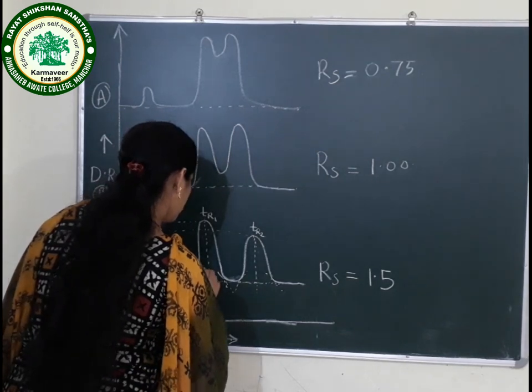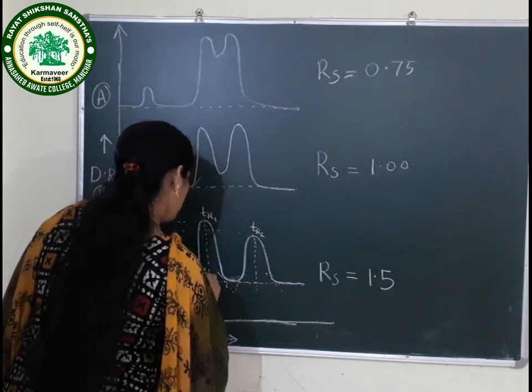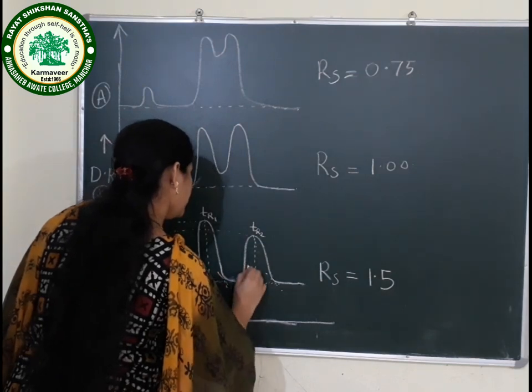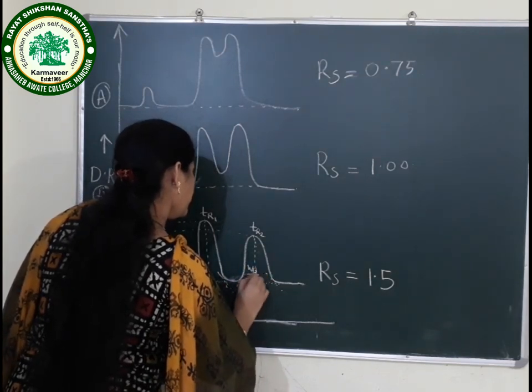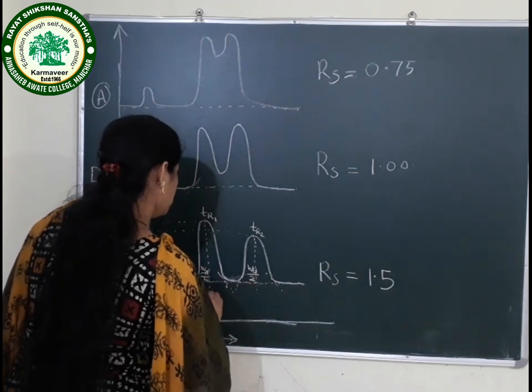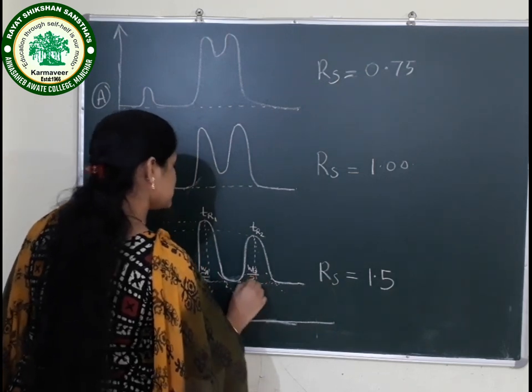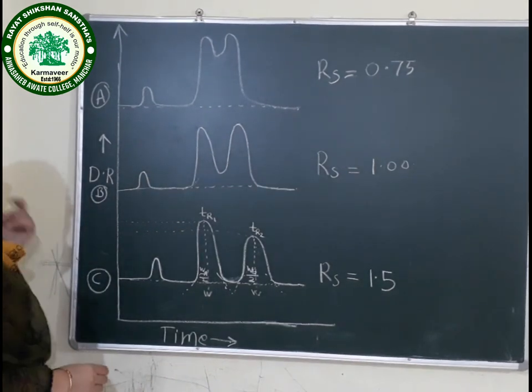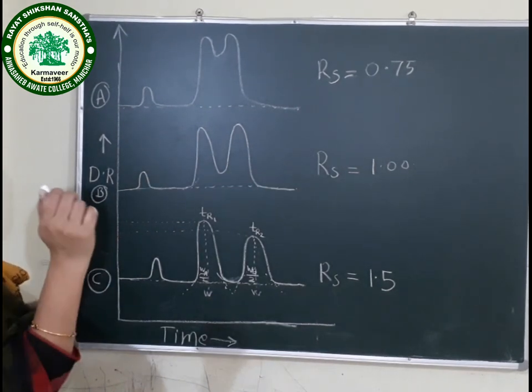Here is WA by 2 and here is WB by 2. This is the width of the peak and this is the half width of the peak. Okay, now we will compare this graph.